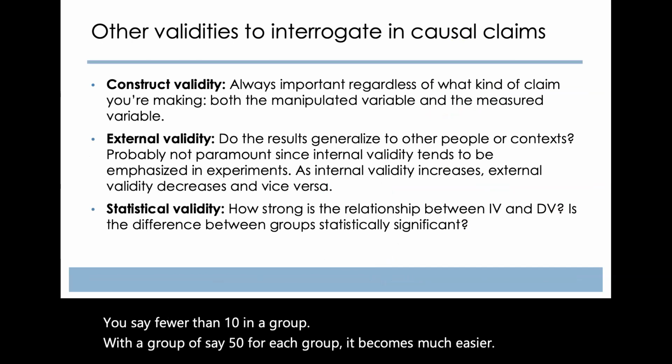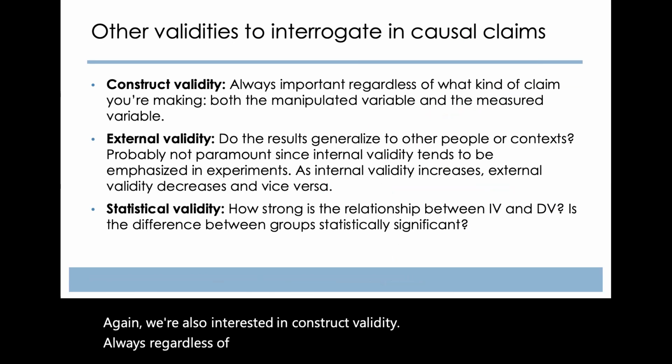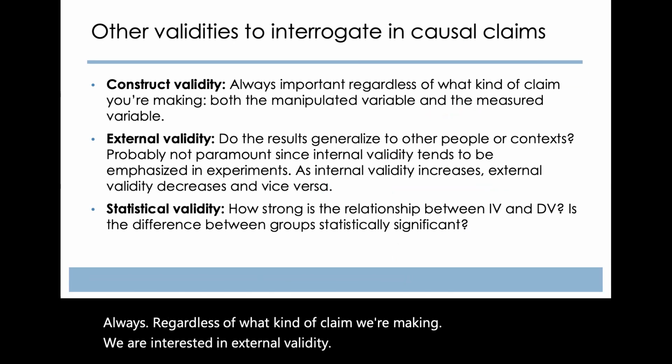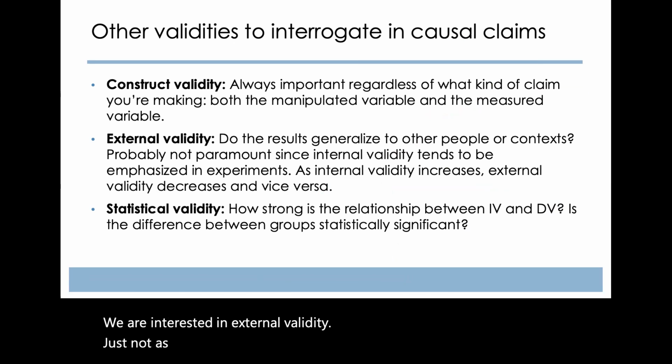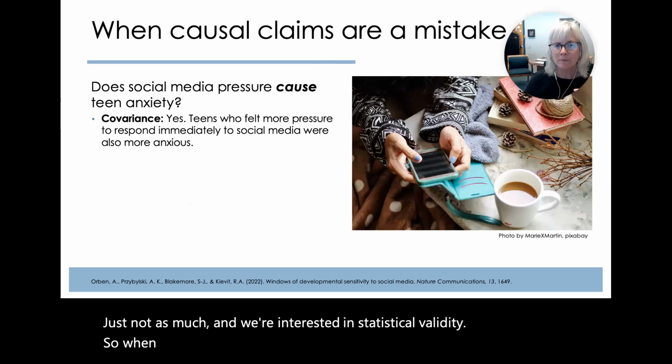Now, again, we're also interested in construct validity, always, regardless of what kind of claim we're making. We are interested in external validity, just not as much. And we're interested in statistical validity. So when are causal claims a mistake?